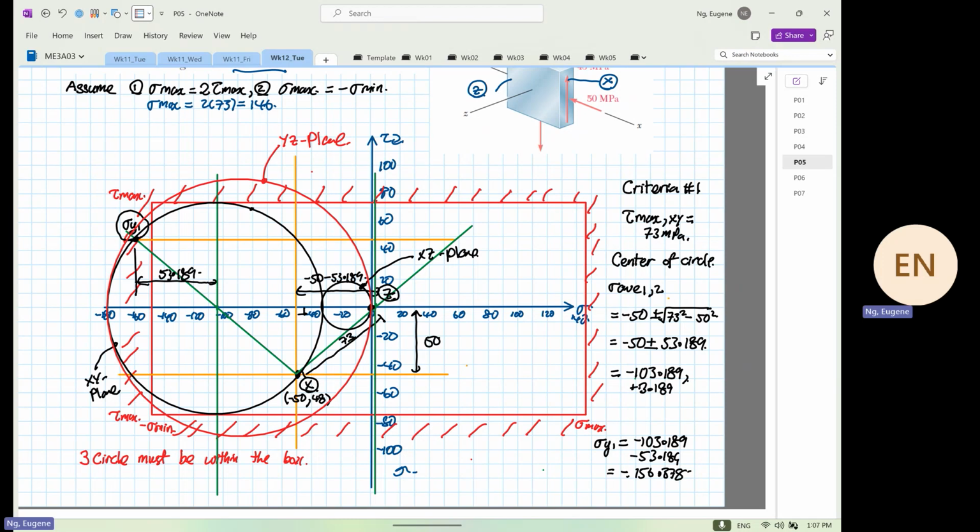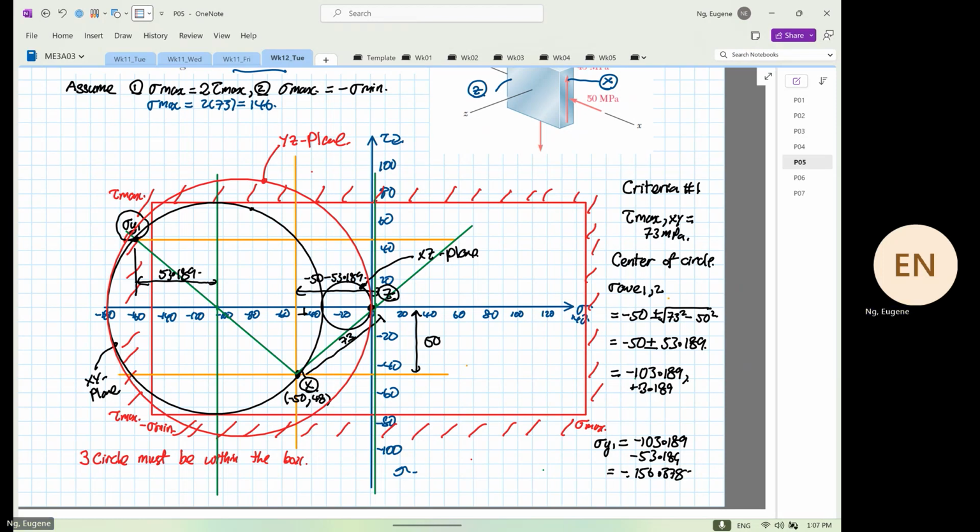Now, students have asked me this question very often. Is all the circle outside the shaded region? Answer is what? No. However, as long as part of the circle is outside the box, the structure will what?